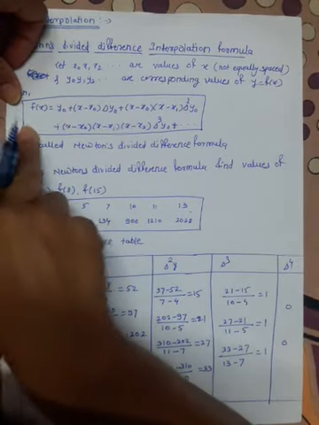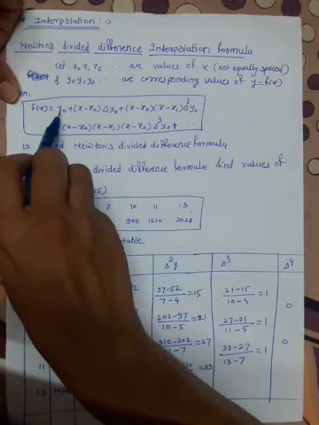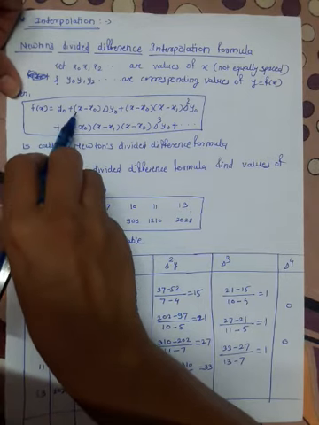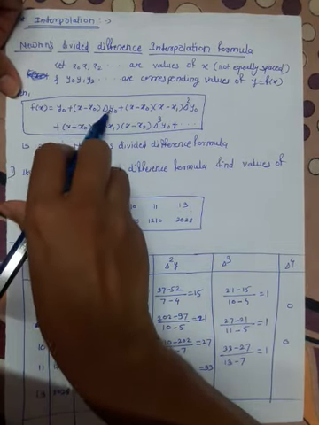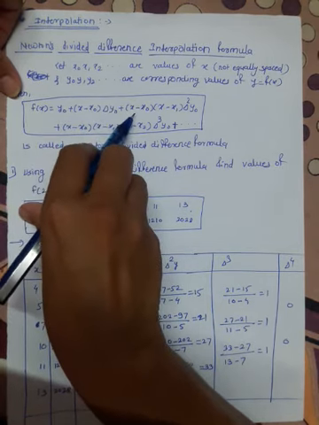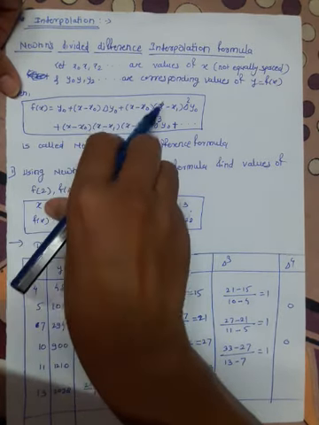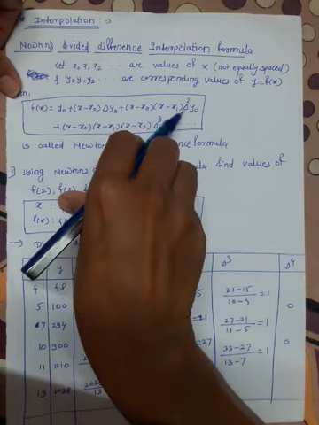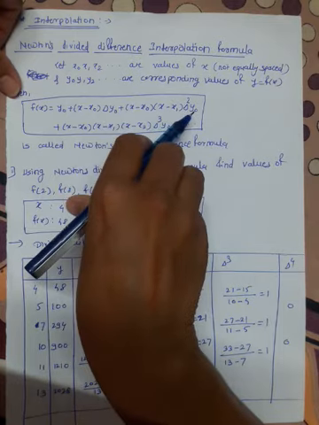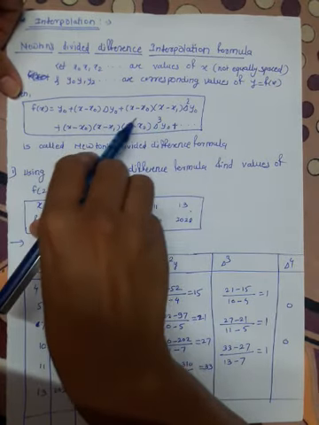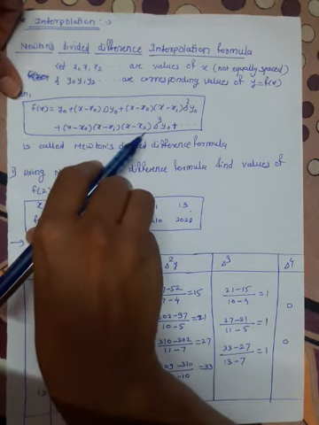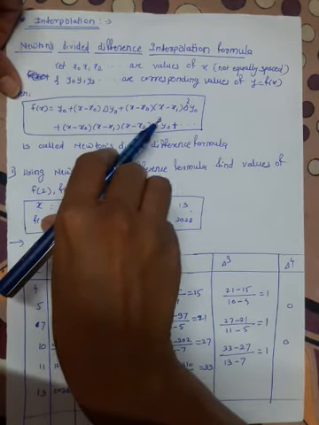How to remember this formula? f of x is equal to y naught, first term y naught, plus x minus x naught del y naught, plus second term x minus x naught into x minus x1 and del square y naught, plus third term x minus x naught, x minus x1, and x minus x2 is there extra, and del cube.